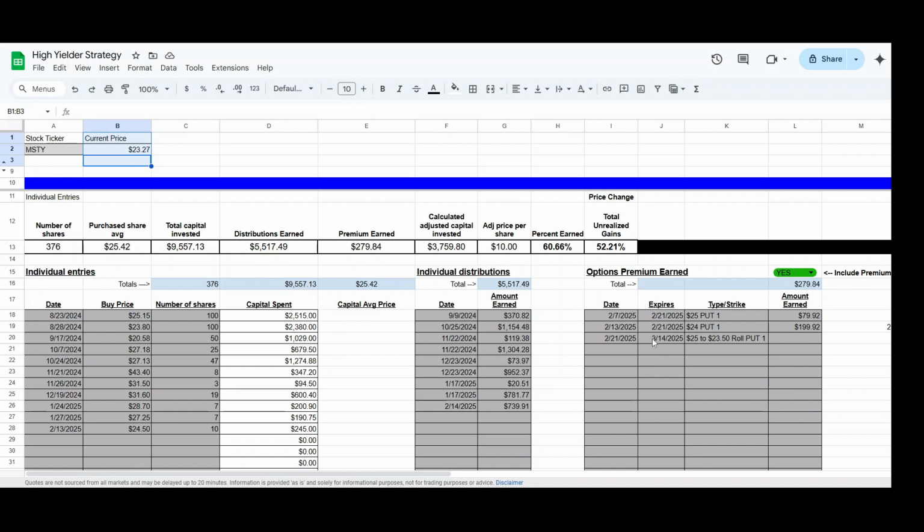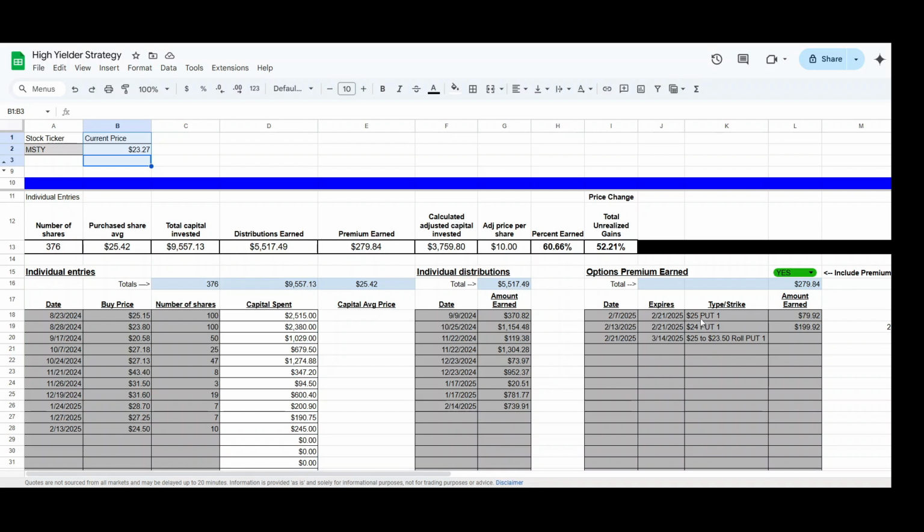In this case, I wrote it for March the 14th. I moved that expiration date out one month, and I took that strike price, originally $25, and rolled it down to $23.50.